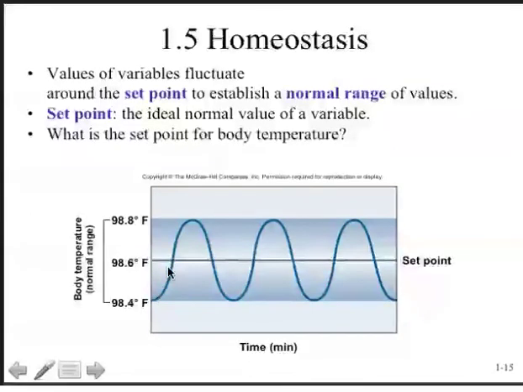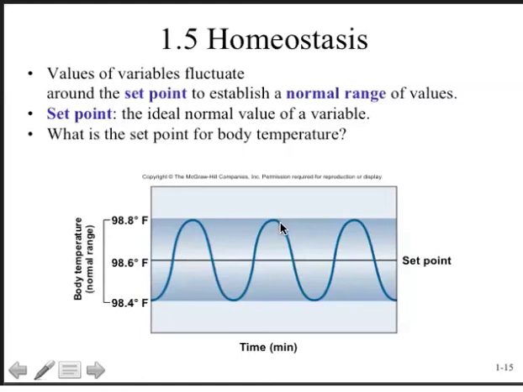If you shiver too long, what will eventually happen is that your body temperature will rise above the set point and may even get up to close to the upper limit. And when that happens, the body will take steps to try and cool the body temperature back down. The skin will exhibit peripheral vasodilation.